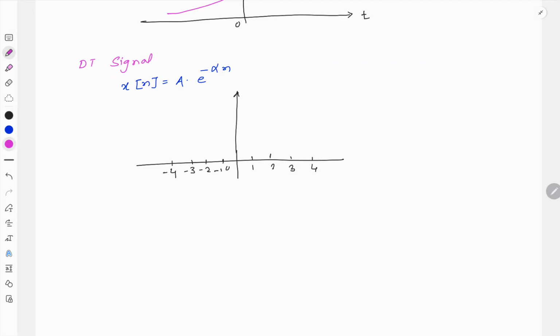So now this signal is e raised to minus alpha, so it is decaying exponential. So towards negative axis we will have maximum amplitude, and this amplitude will go on decreasing towards positive side. So at origin we have amplitude a, and this will be your exponential signal.